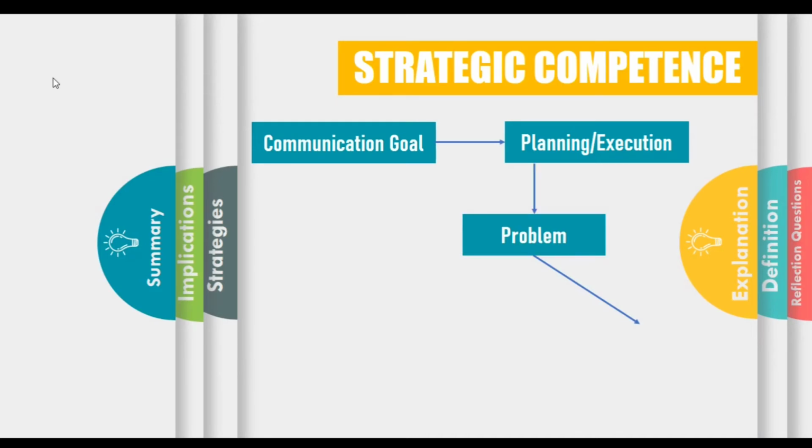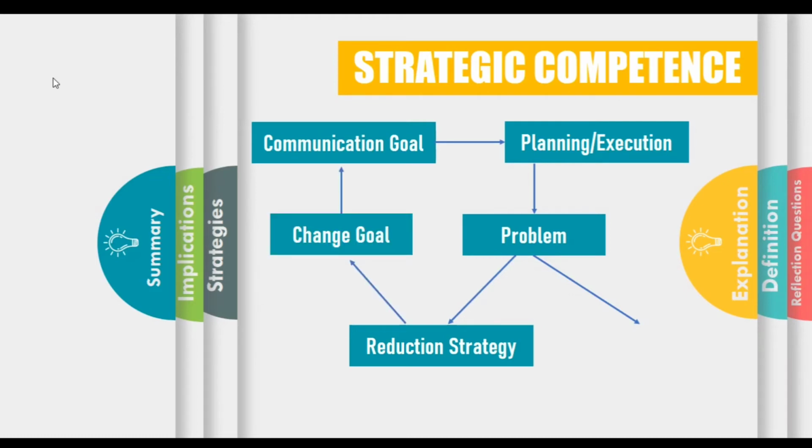If we meet a problem, that is, if our command of the linguistic and sociocultural code is inadequate, we have two basic choices. On one hand, we can avoid a problem by adopting a reduction strategy. In other words, we keep our message within our communicative resources. We avoid the risk, we adjust our ends to our means. In this way, we change our goal.